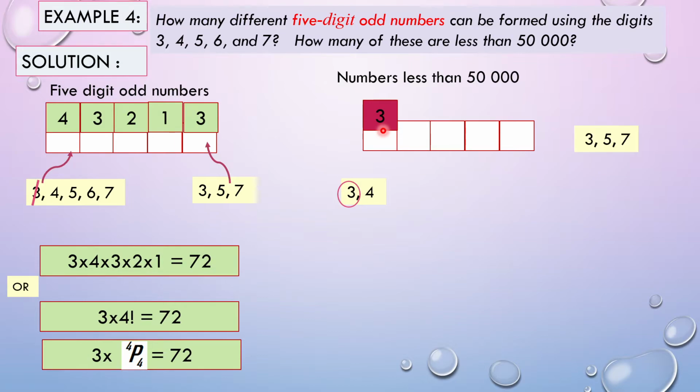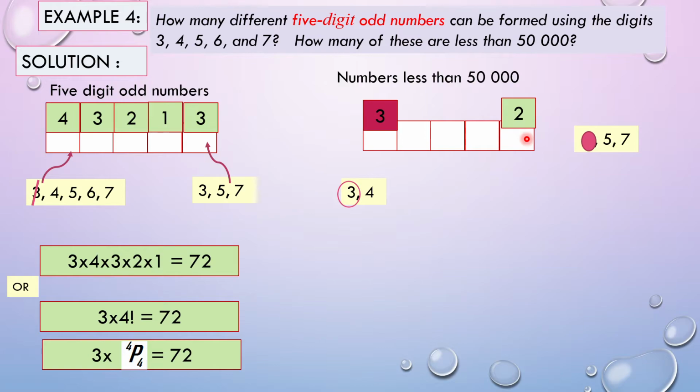Next, the last box with 3, 5 or 7 in order to obtain an odd number. Since the first box is already occupied with digit 3, we don't have 3 left, only 5 and 7 to be fulfilled at the last box. I hope you are clear with this.